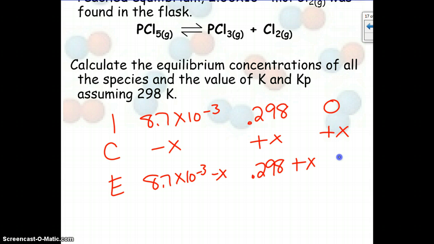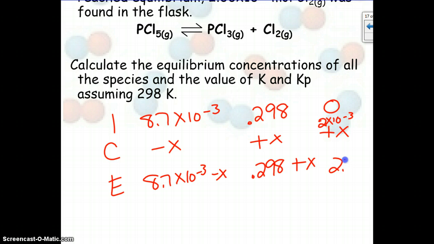And then over here we have 0 plus x. We were also told in the initial problem that the equilibrium concentration of the Cl2 was 2 times 10 to the negative third. So there's the value of our x.